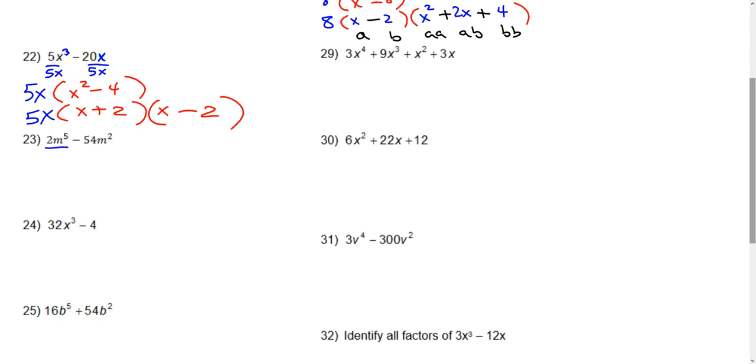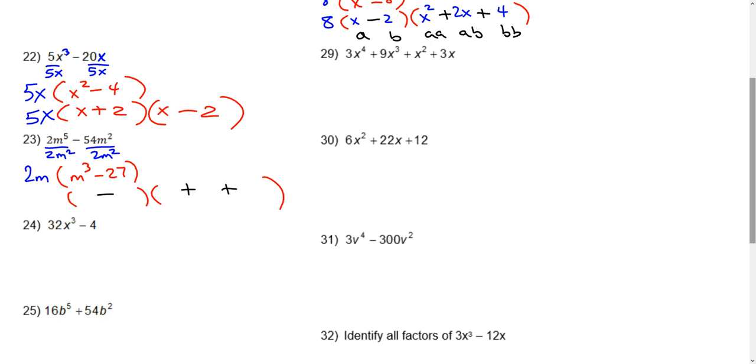23, another GCF. 2m squared. So the 2m goes in the front. Here's the new problem. M to the third minus 27. Difference of cubes. Short parentheses, long parentheses. So, same as the original.